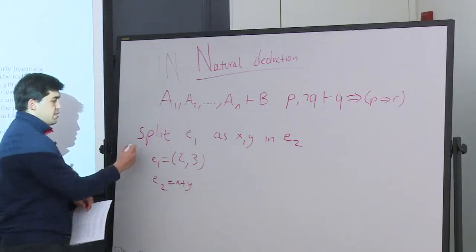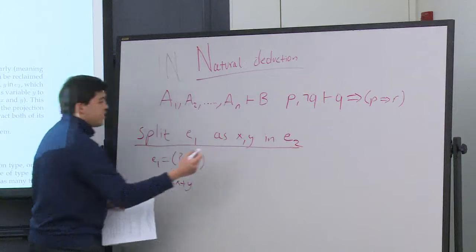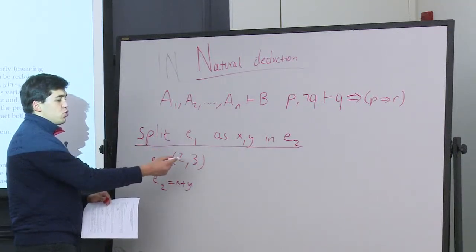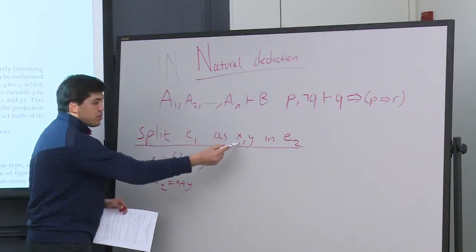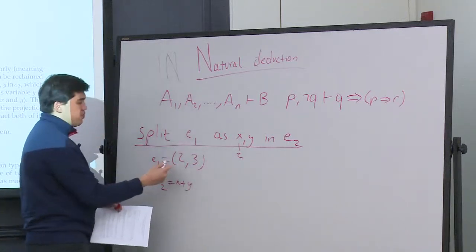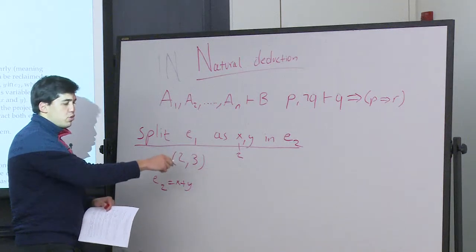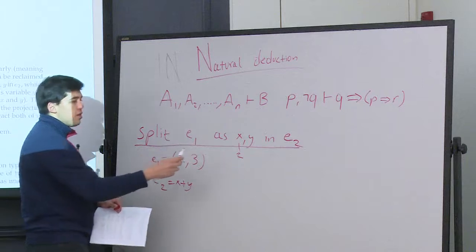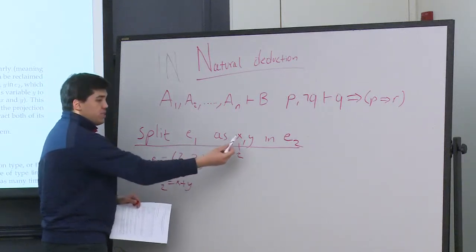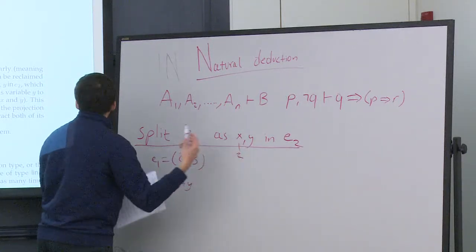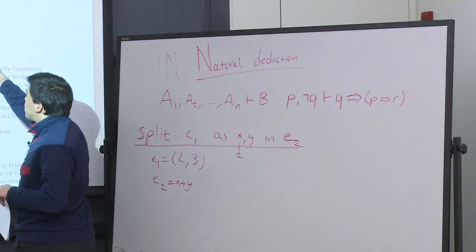Intuitively, what this expression results in is that x becomes 2, because we're splitting a tuple with 2 elements. That's the condition here. Because here we stated only 2 variables, and our language only allows 2 variables here.